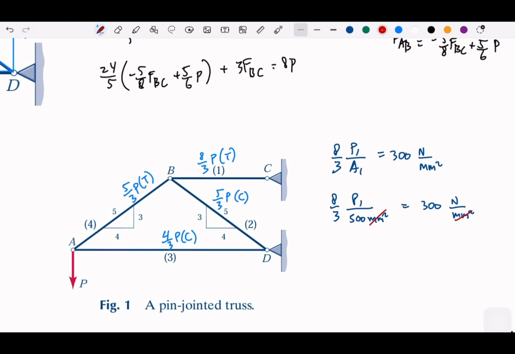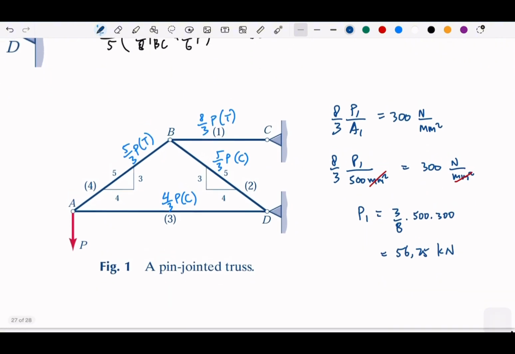So this is going to cancel that, and P1 will be 3 over 8 multiplied by 500, multiplied by 300, around 15,000. Or if this is in kilonewton, this would be around 6.25 kilonewton.